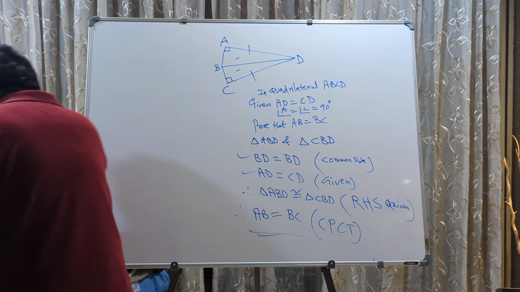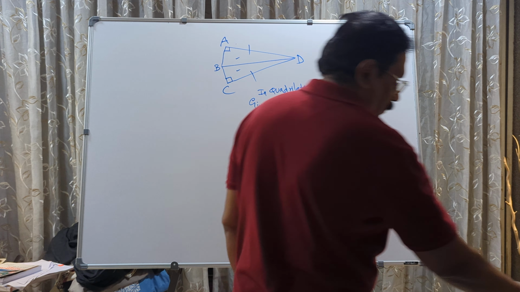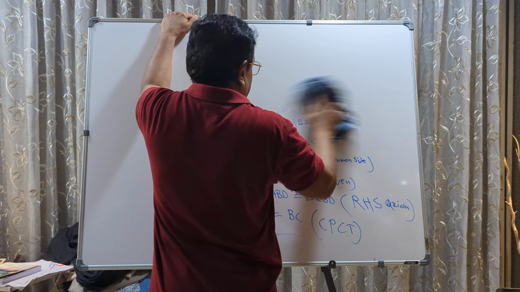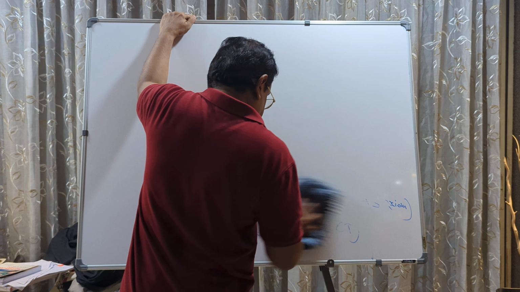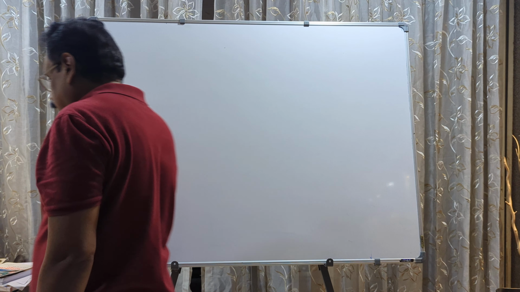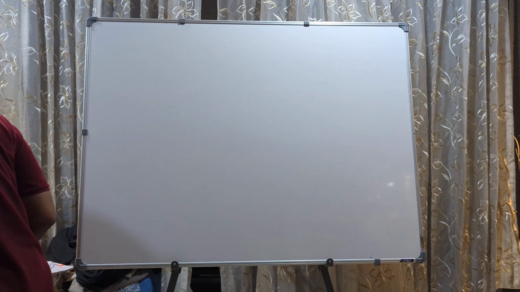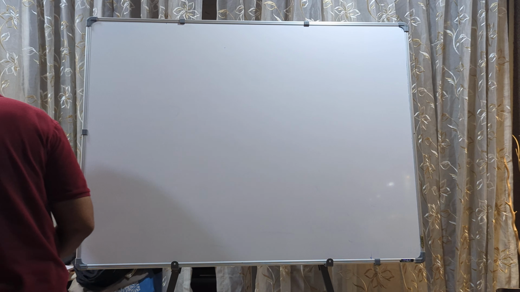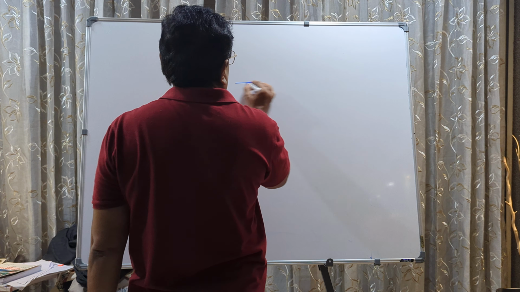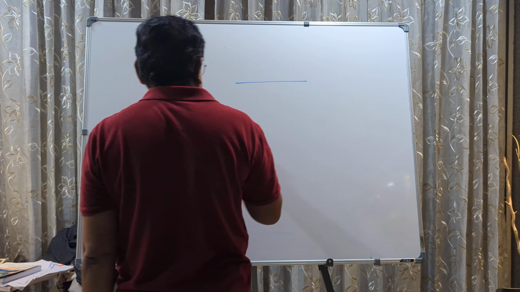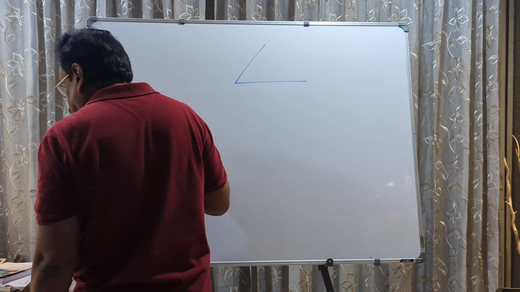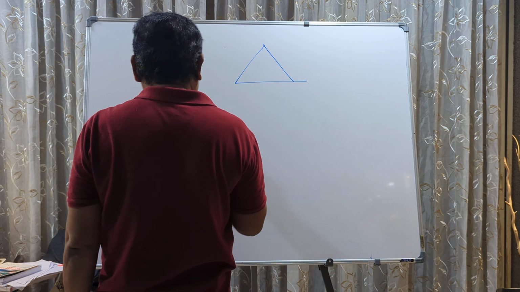Okay, now we take a little tougher sum for 3 marks. We'll take a 3 mark sum. See, they have given two triangles like this, and it ends here.